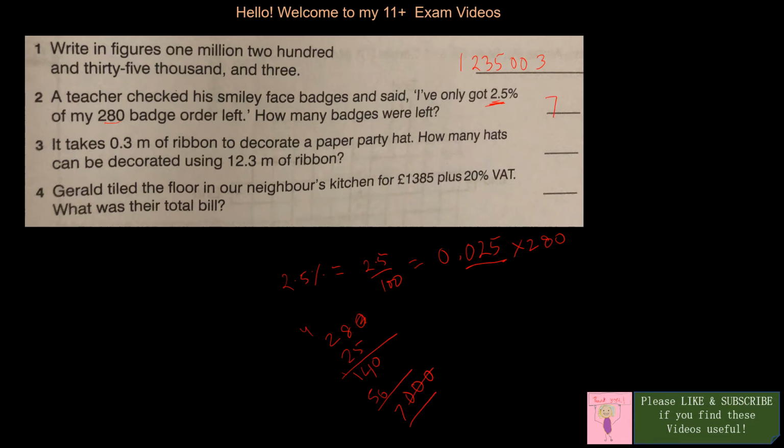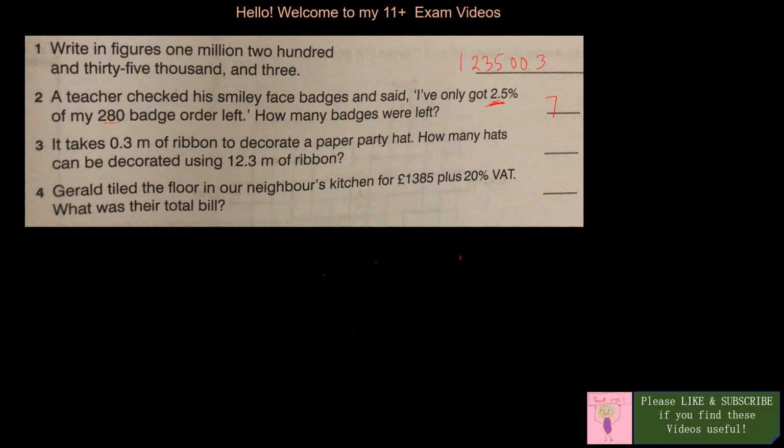The next question, question number 3, says it takes 0.3 meter of ribbon to decorate a paper party hat. So how many hats can be decorated using 12.3 meter of ribbon?